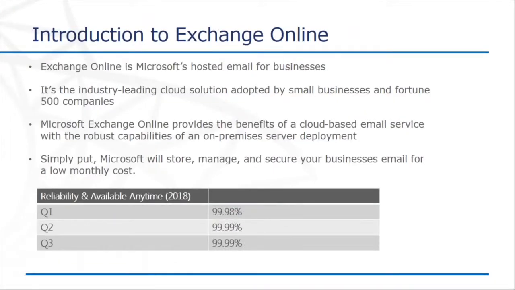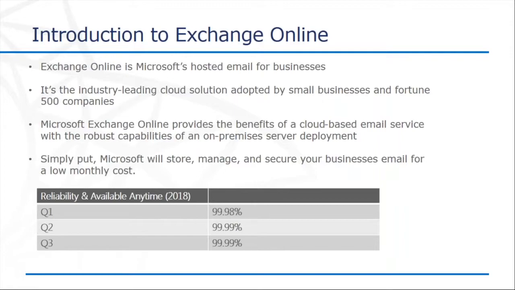Moving on to Exchange Online, it's hosted email for any kind of business. Exchange Online is Microsoft-hosted email for a business, and it's basically a cloud solution. On-premises will give all the features, but Exchange Online has benefits like you don't need to do any patching or security work.